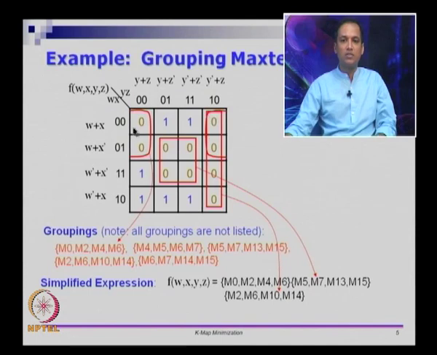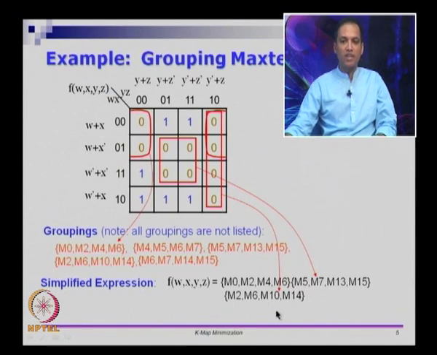This grouping is this sum term, and this grouping here corresponds to this sum term, and this grouping here corresponds to this sum term. If you notice, all the zeros are covered at least once, and we have tried to cover it with as large a 0 group as possible, which is still a size of powers of 2. So these are the 3 different sum terms that we get: M0, M2, M4, M6, M5, M7, M13, M15, and M2, M6, M10, M14. These are the sum terms that we get.